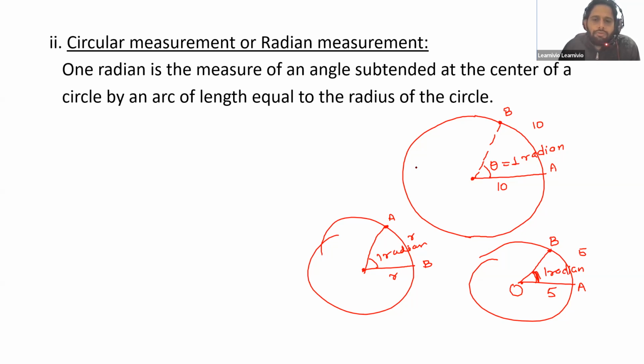You can draw any of these figures. Only one figure is sufficient. Please note down the definition, draw the figure, and confirm to me. Then we will start the next topic.